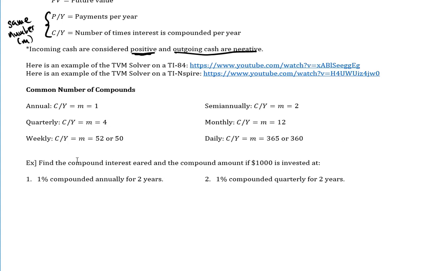Semi-annual would be 2 times a year. Monthly, there's 12 months in a year, so that means 12. Weekly is 52 weeks in a year, or they might say just use 50 for a nice round number. Daily, if it's compounded daily, then it'd be 365, or they might just say use 360 because it's a nicer, rounder number. All right, so let's see how this works.